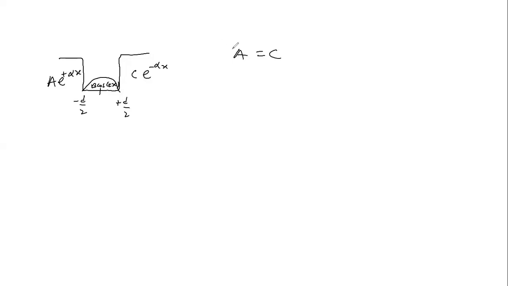And considering the boundary condition at x equal to minus d over 2, you recall that the boundary condition is the same, right? And also the first derivative in the first boundary and in the second boundary or the third boundary, they are the same, okay?